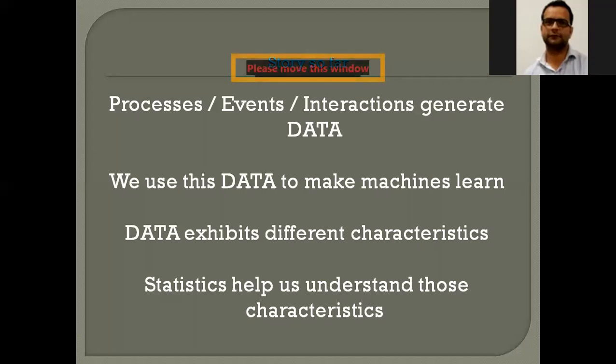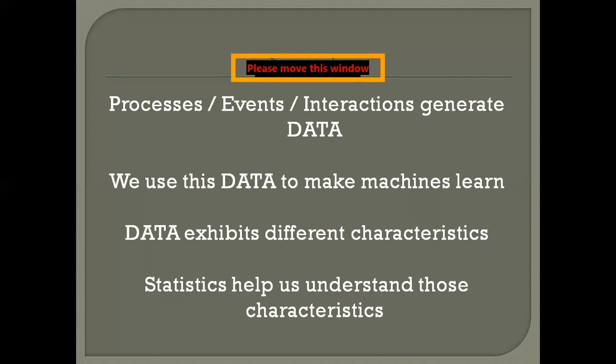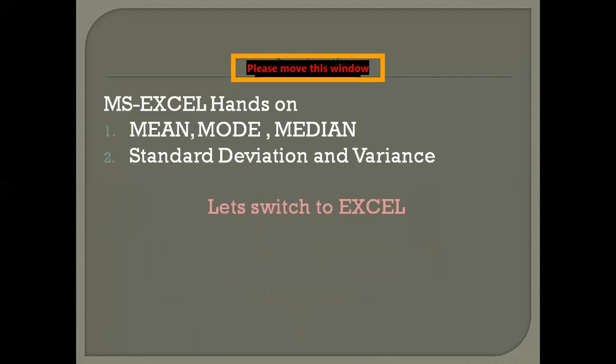And we also came to the conclusion that statistics is going to help us to understand those characteristics of the data, right? And then today we are going to do some hands-on with MS Excel for mean, mode, and median, which are quite basic, and then standard deviation and variance.